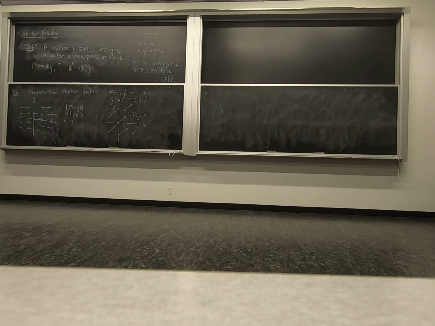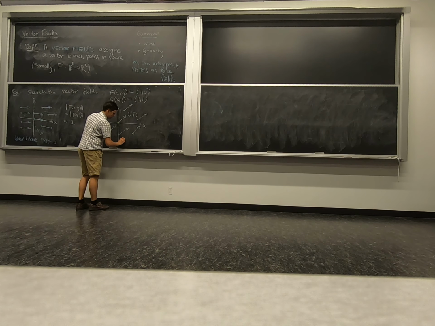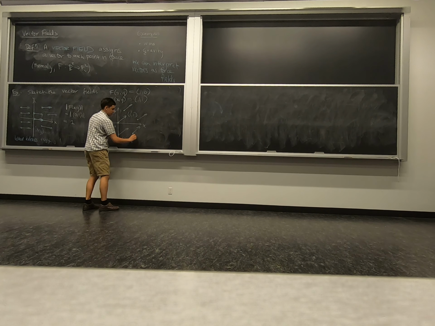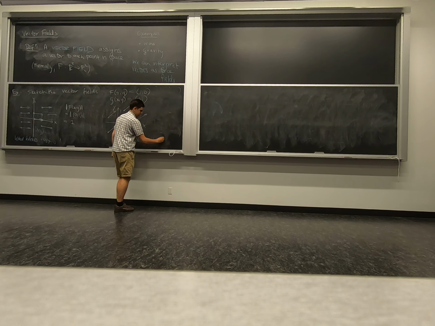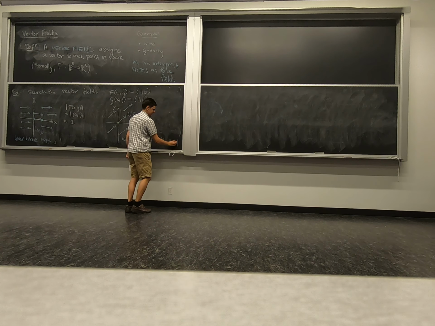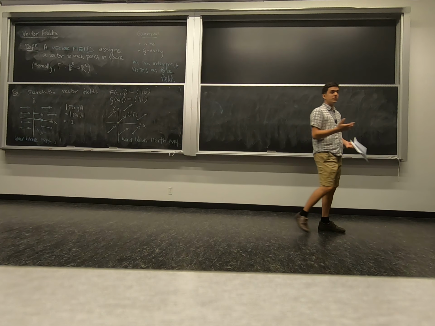Okay, so in this, the wind is blowing east. And here, the wind is blowing northeast. So those are some examples of constant vector fields.